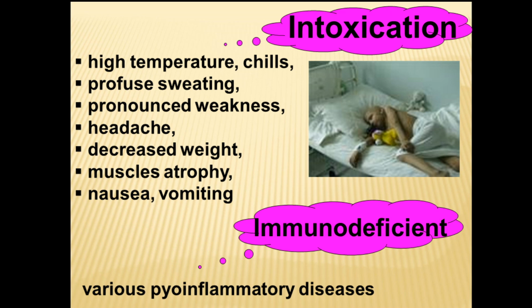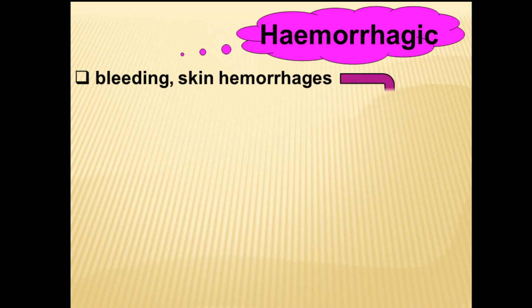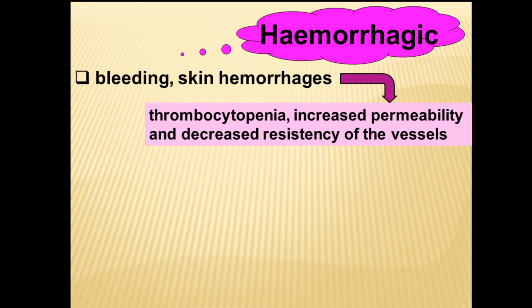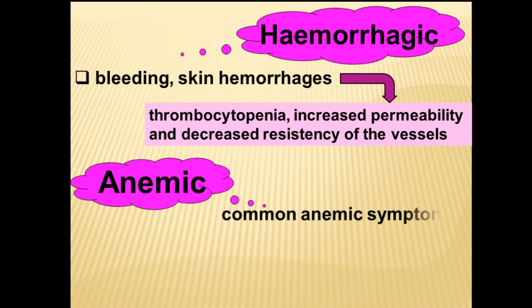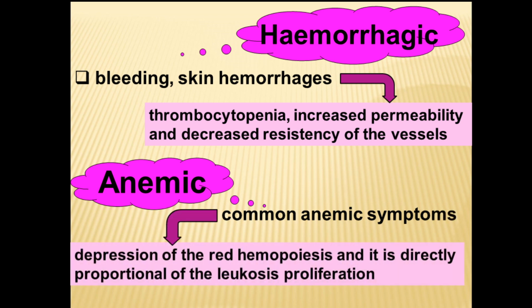And the doctor must pay attention: if the patient often gets sick with any inflammatory disease, a controlled blood analysis is obligatory. That's why we told you about blood analysis and urine analysis for every patient who enters the hospital or goes to the polyclinic. Hemorrhagic syndrome is manifested with different bleeding, skin hemorrhage due to thrombocytopenia and decreased resistance of the vessels, and anemic syndrome is characterized with the common anemic syndrome about which we told you some time ago.